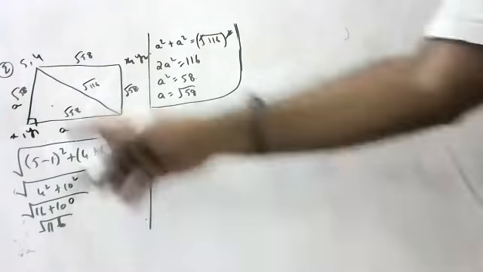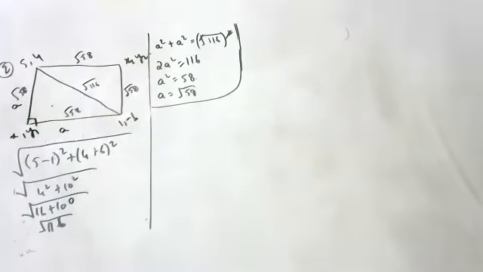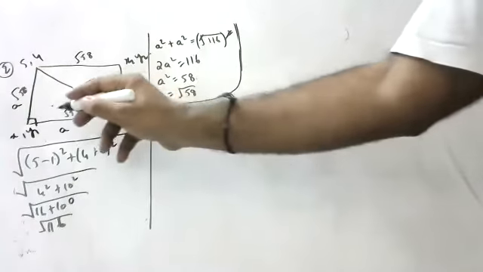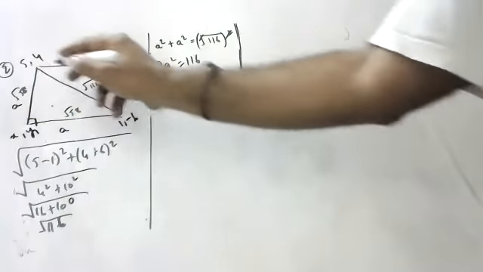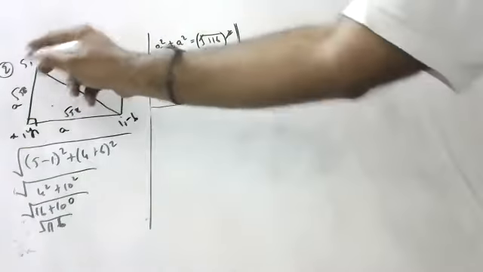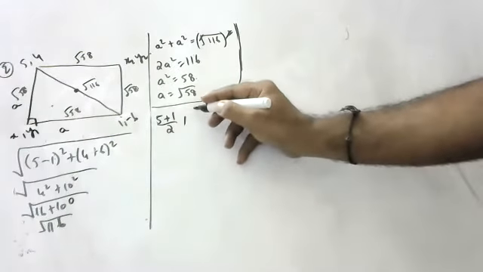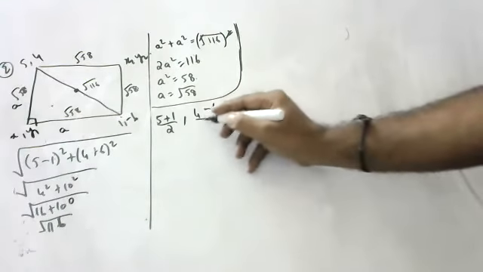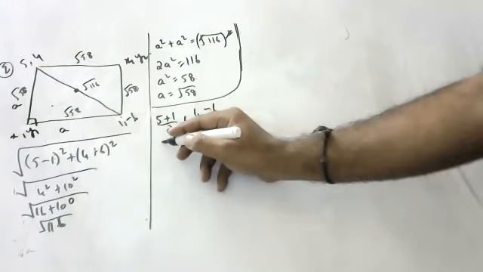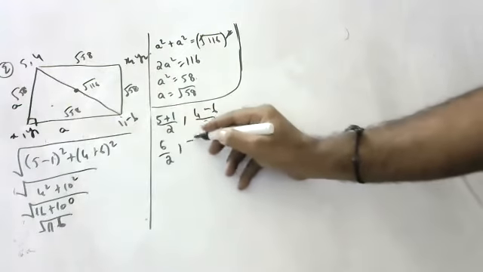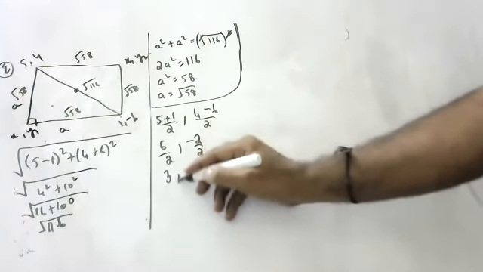So let us make two equations from this and this. Let me find out the midpoint also, children. What is the midpoint of this? Midpoint is (5 plus 1 by 2, 4 minus 6 by 2), that is 6 by 2, minus 2 by 2, that is (3, minus 1).